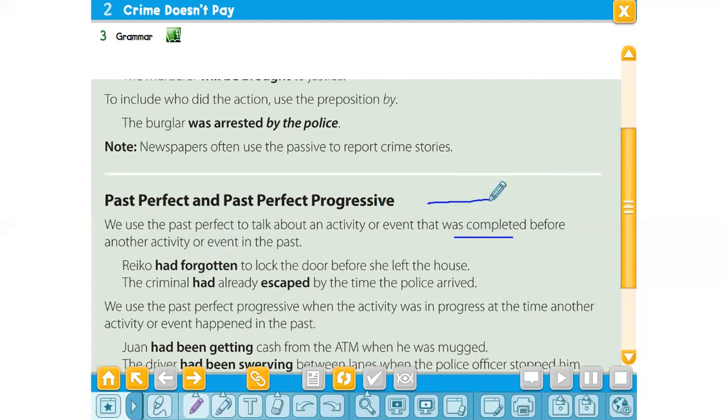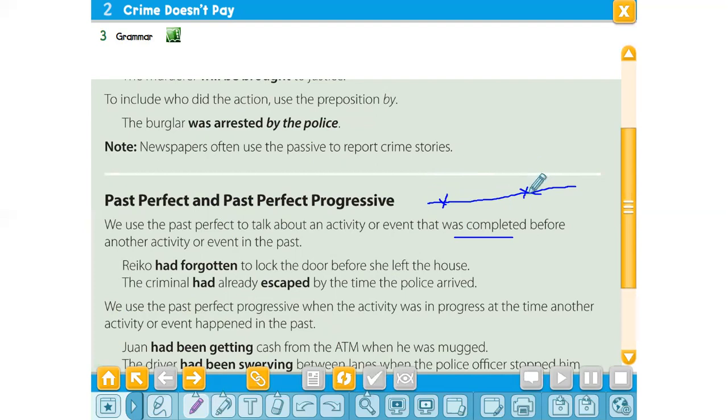I'll draw the time line to show that. Okay, here is the past simple tense, and here is the past perfect tense. If there are two actions which happened in the past, we will use the past perfect for the first action, and we will use past simple for the second action.